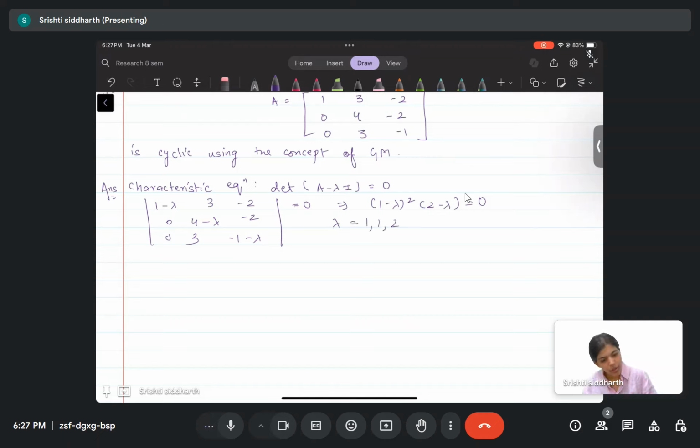Okay. For lambda equals 2, it just appears once as an eigenvalue, so its algebraic multiplicity is 1, which implies that the geometric multiplicity is going to be 1 as well.